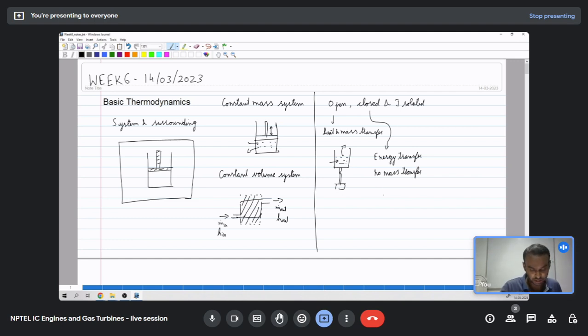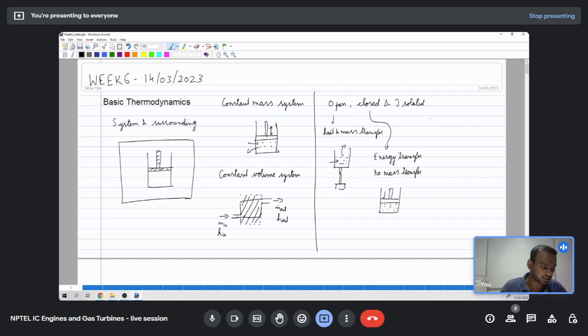This could be a piston cylinder system, where you apply some pressure and do some work on the gas, or the gas can do some work on the piston and so on, but the mass inside the system will never come out. So this is a closed system.